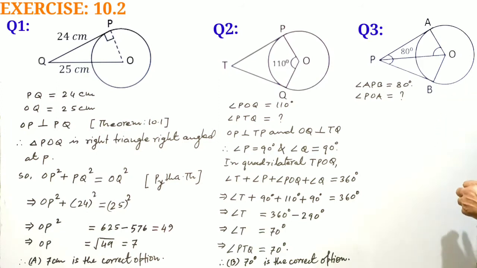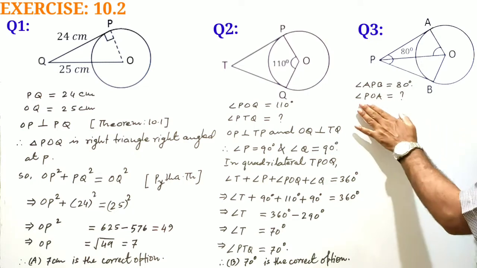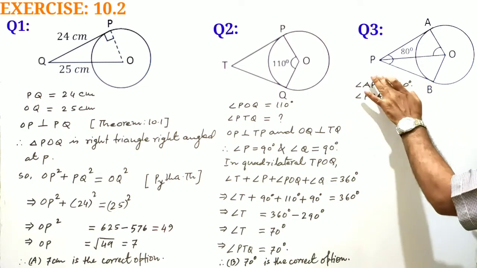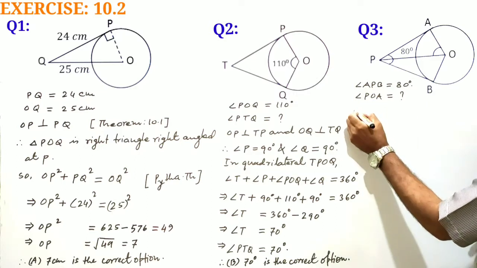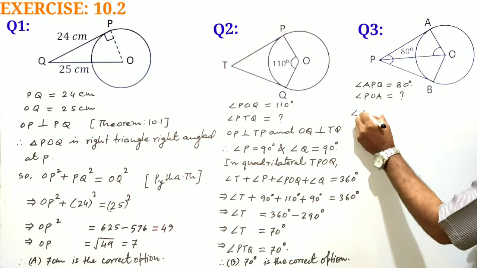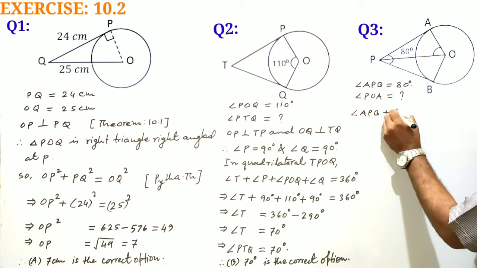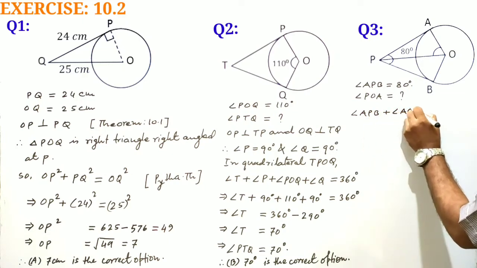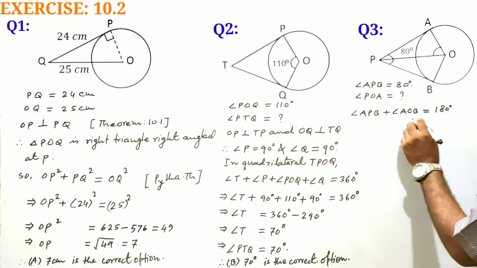So other two angles, angle APB and angle AOB, will be supplementary, that is their sum will be 180 degrees. So angle APB plus angle AOB equal to 180 degrees.